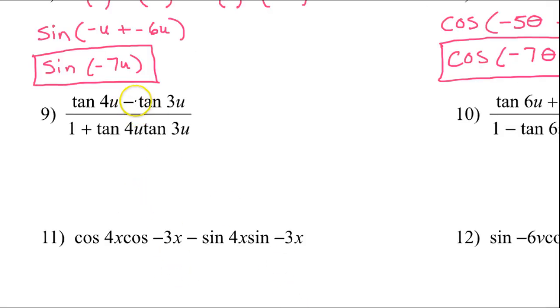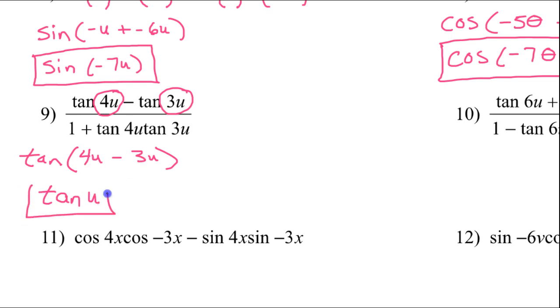And I see a minus, so it should be the tangent of angle minus angle. Okay, so it's going to be the tangent of 4u minus 3u. These are like terms, so I can simplify further and write the tangent of u. 4u minus 3u is just u. So it all simplifies down to this.